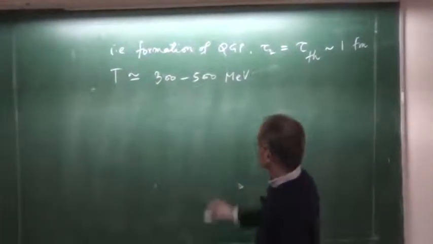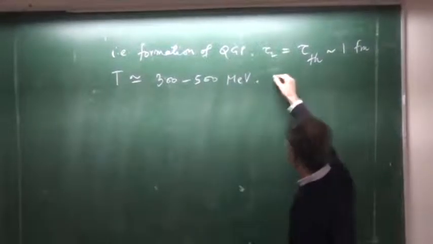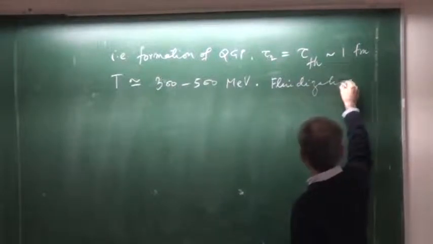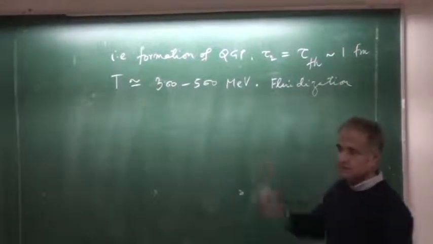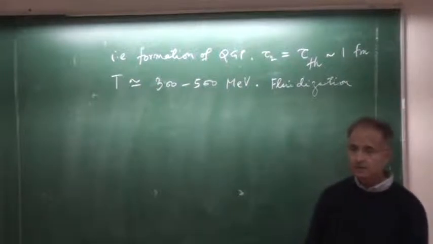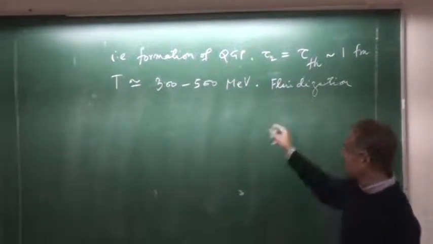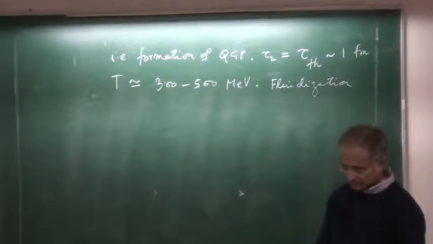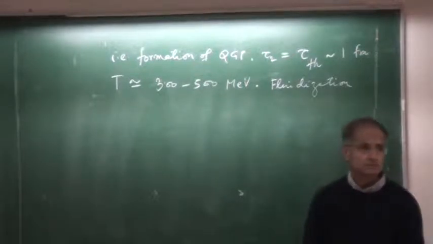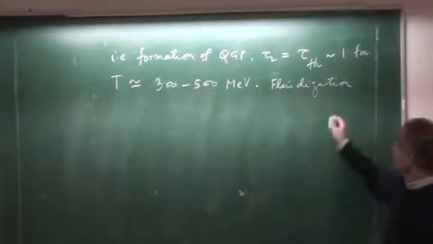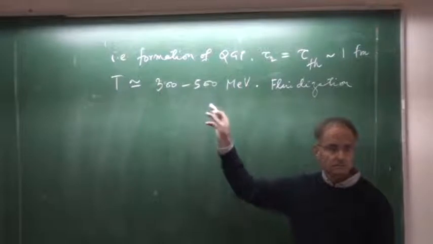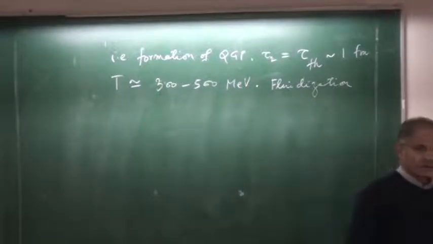So in a sense, now this is the stage where fluid is formed. Fluidization has happened. Fluid by definition is something which is now in local equilibrium. So this is the point of fluidization. So what is the order of fluctuations in temperature? Fluctuation in this value. Since it's in a local thermal equilibrium, this is the average, right?